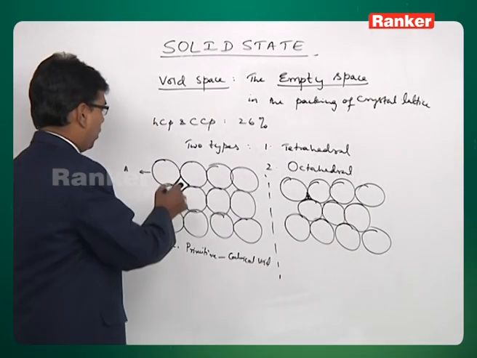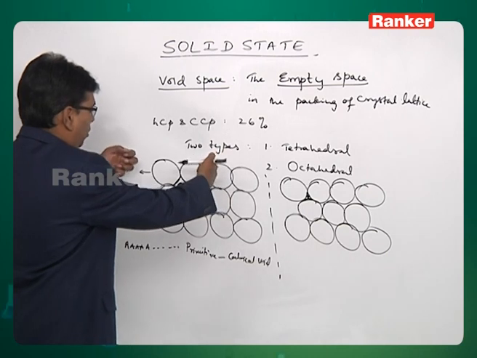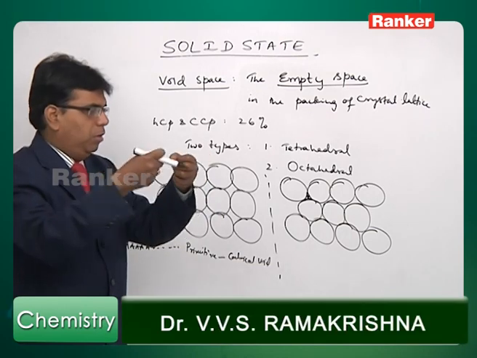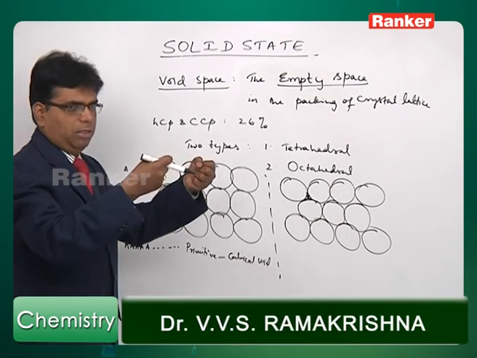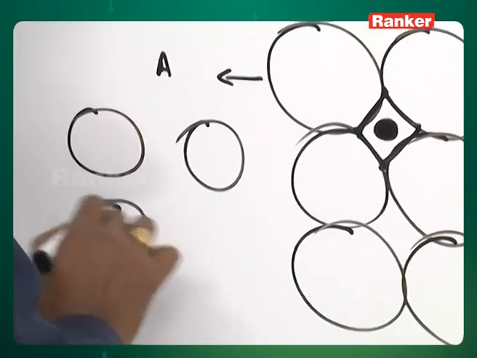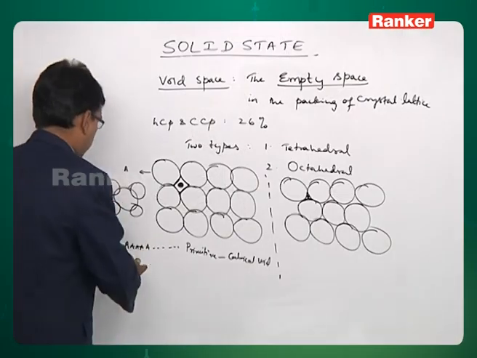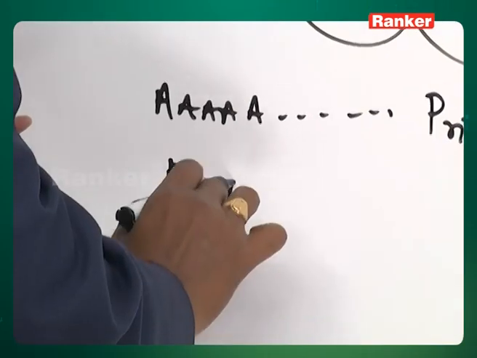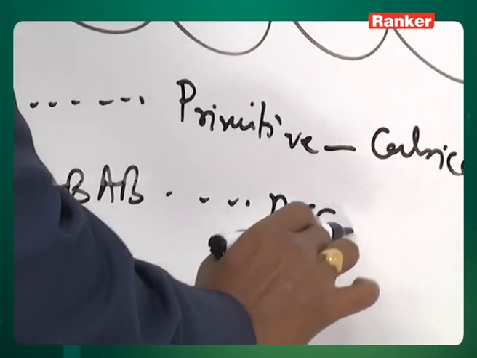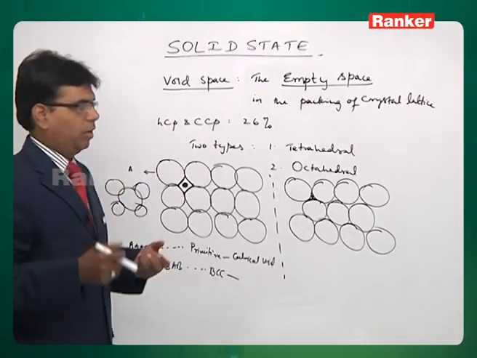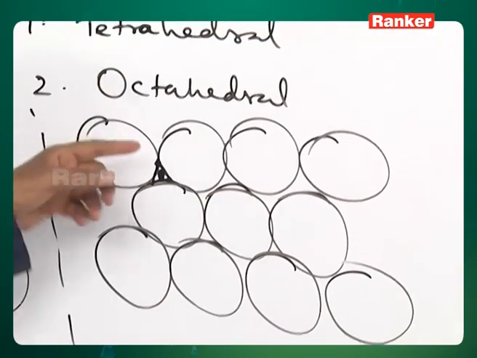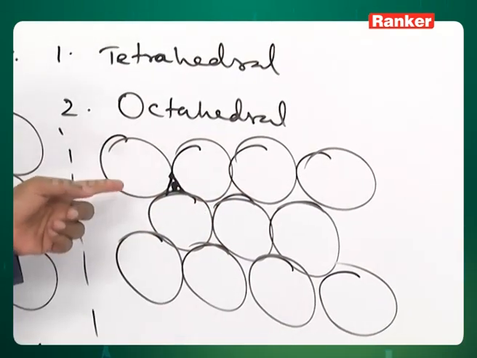And in the BCC, here of course a equals 2R, but if you pull these two a little outward, so that the two spheres are not in contact, this will give you the body centered type, and here again with an extended view you will get a cubical void. But coming over here, this is more important for us, the FCC and HCP cases.